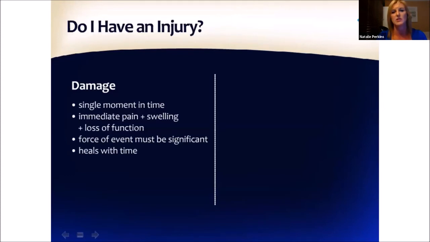So a damage story will be a single moment in time where there is immediate pain, and usually there is a very defined, describable external force. The pain is usually significant enough to stop them from doing whatever they're doing and go, ow. The force event is usually quite significant because it needs to justify the destruction of perfectly wonderful tissue, so the tearing of a muscle or a ligament or a fracture of a bone.